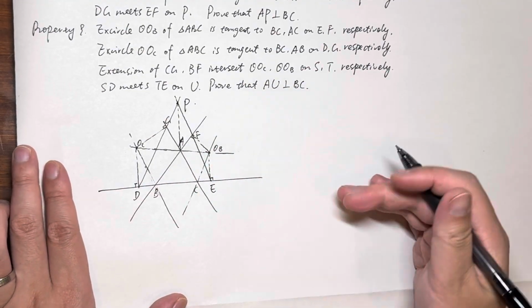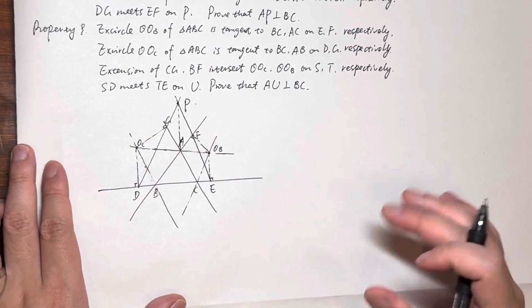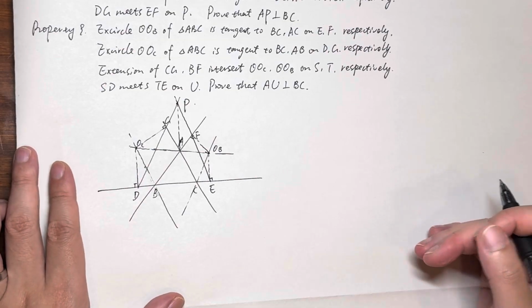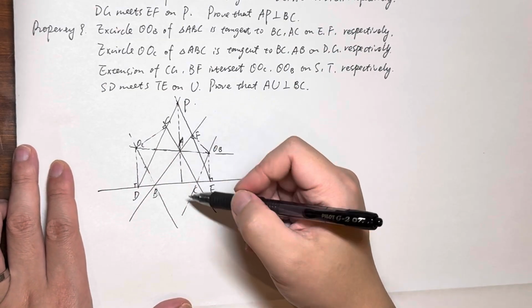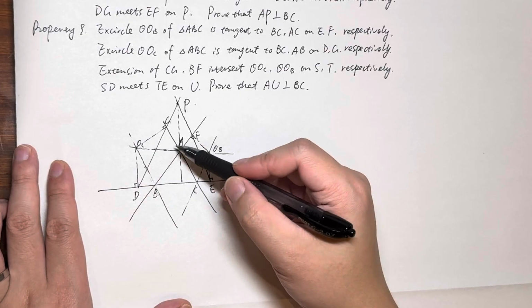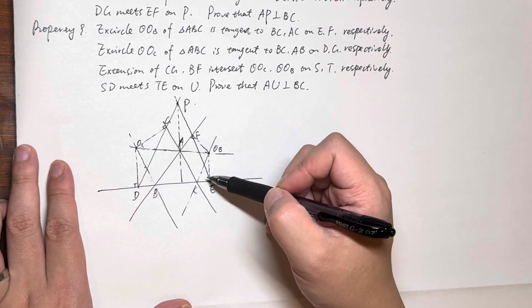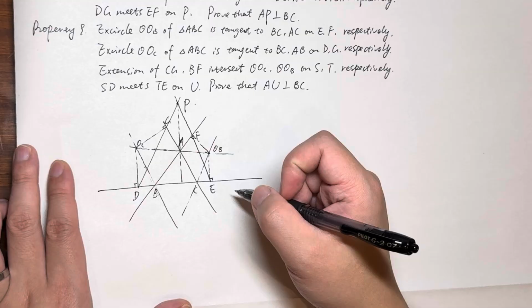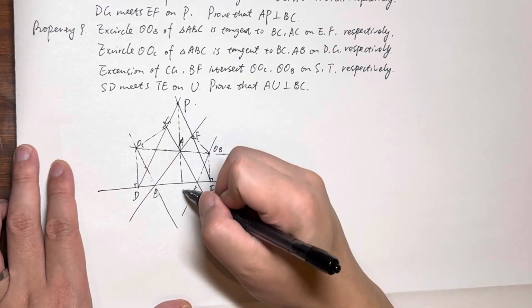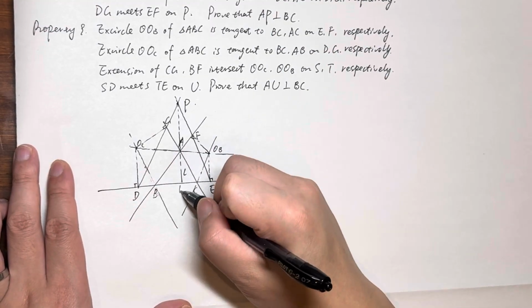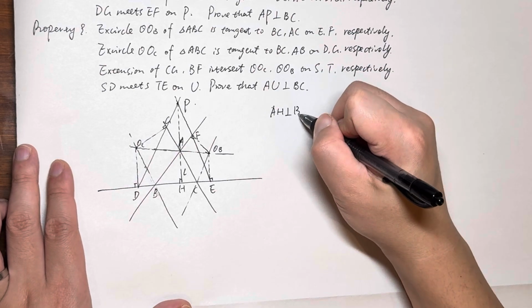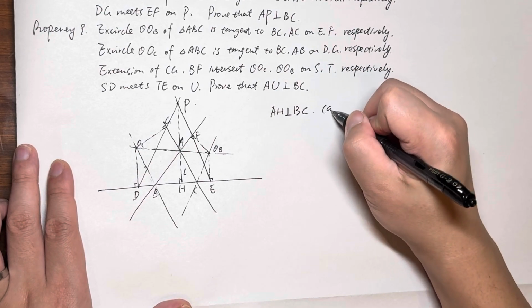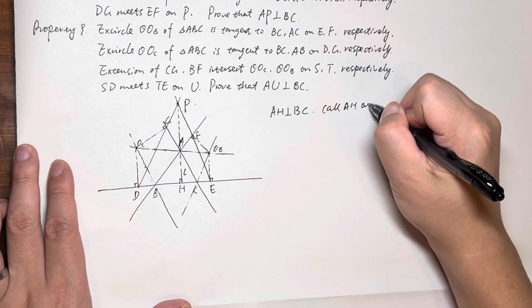Okay, so for these problems, or these sets of problems, one idea is that we find the line that passes through A and is perpendicular to BC first. So let's call this line L, where AH is perpendicular to BC.